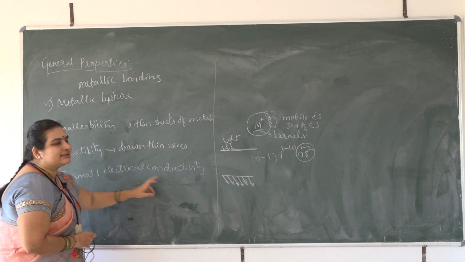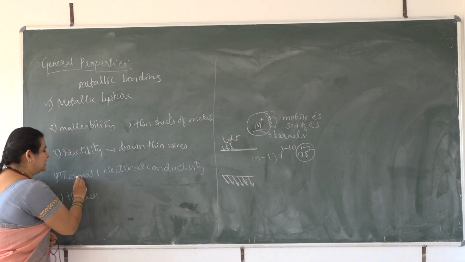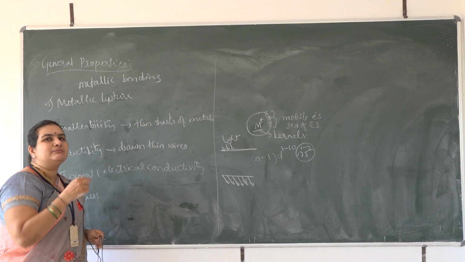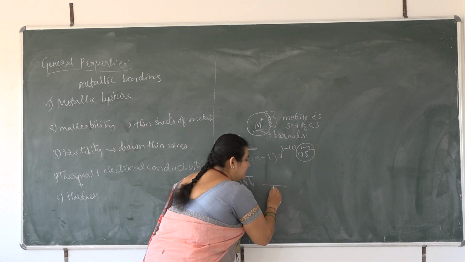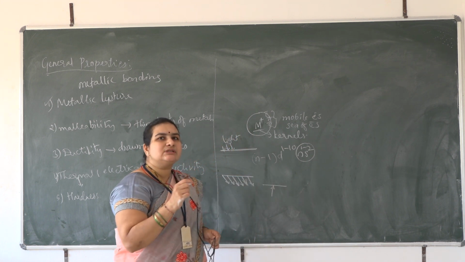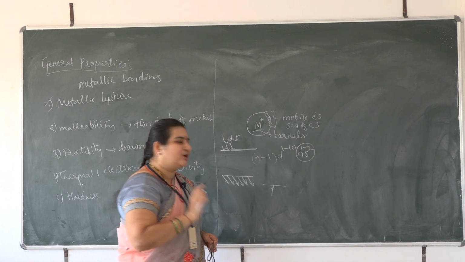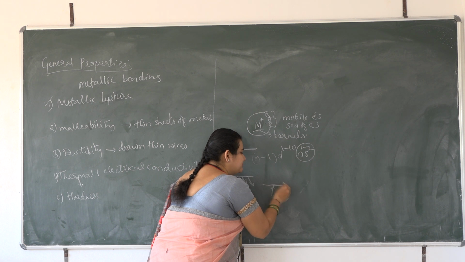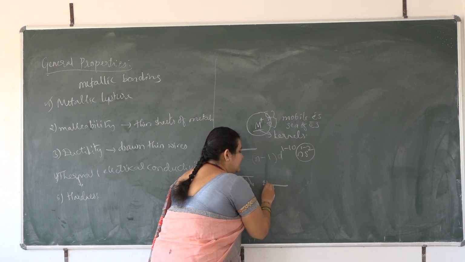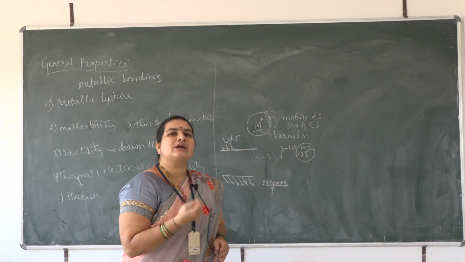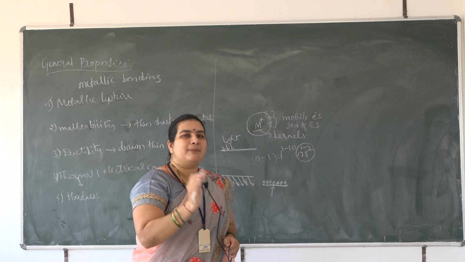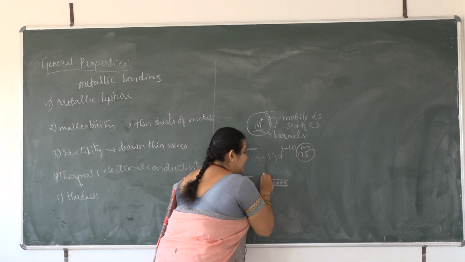Now thermal and electrical conductivity. Thermal means heating. If you provide heat to the surface of the metal from one end, the mobile electrons get kinetic energy and pass to the next layer.